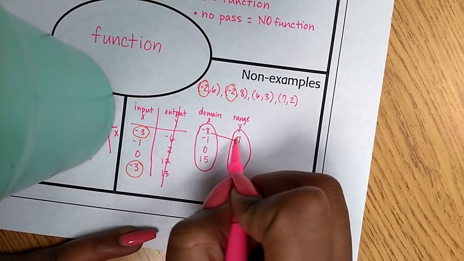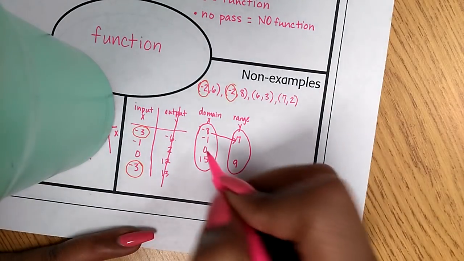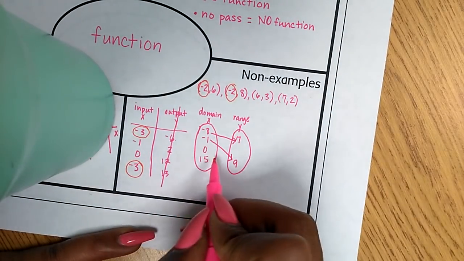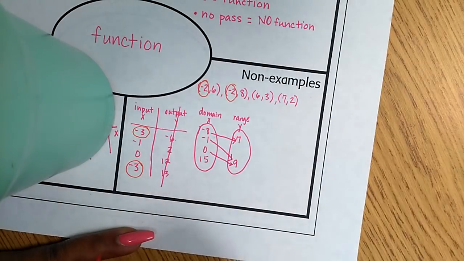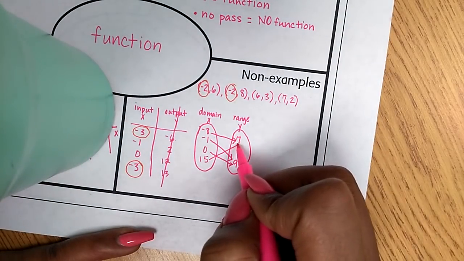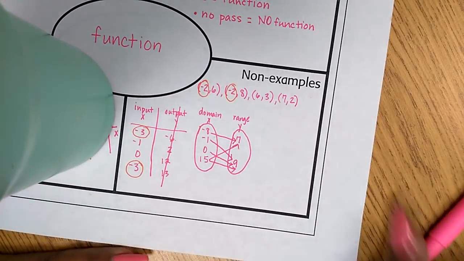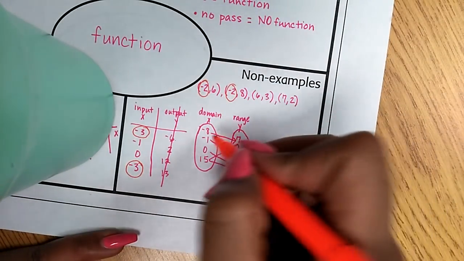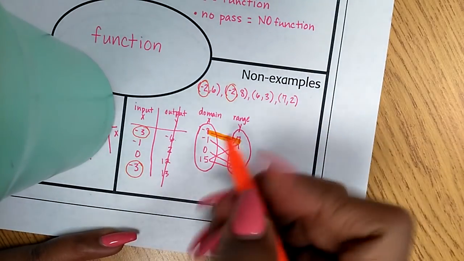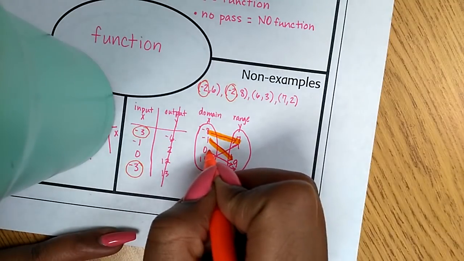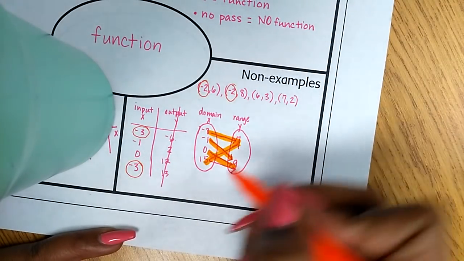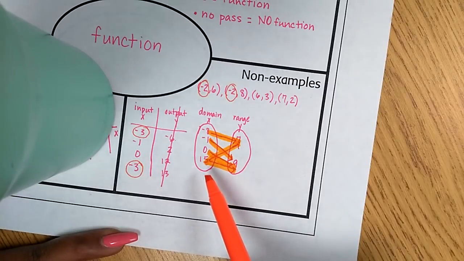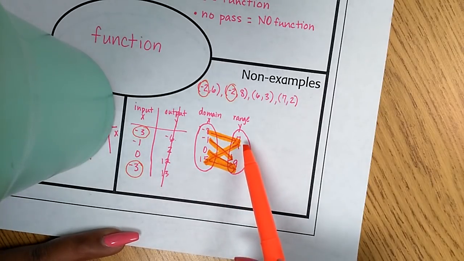Arrow from -8 to 7. -1 to 9, 0 to 9, 15 to 7, 15 to 9. Now let's do our highlighter test, shall we? So that is not a function because the 15 in the domain, or X value, repeats with 7 and 9.